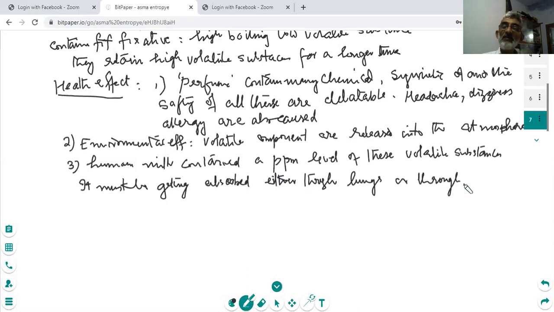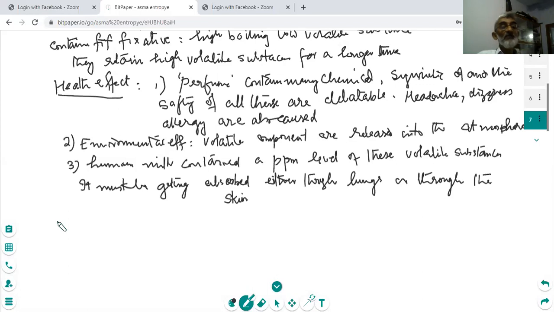You can think it that way. The skin is in contact with the chemicals in the atmosphere. Of course, we are not sure which way. Probably mostly through lungs, inhalation, and that is a real cause of concern for the feeding mothers. Okay. So these are the health effects of perfumery compounds.